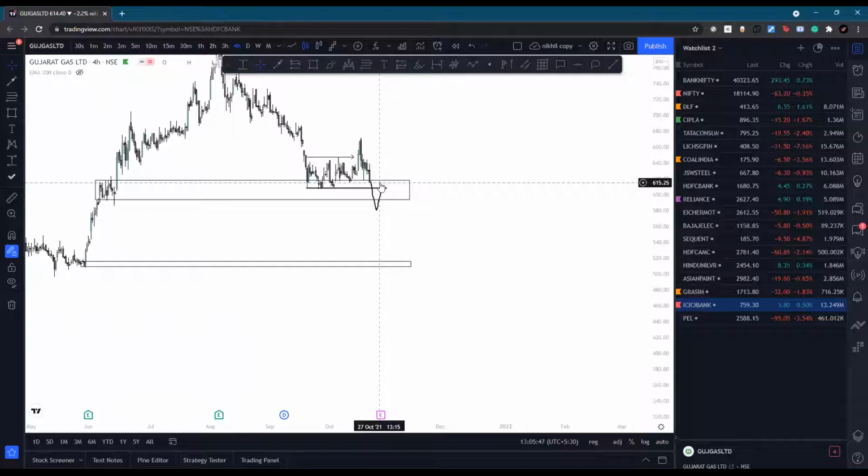Okay, so basically during results, the stock goes either gap up or down 5 to 6%. So if you don't know what the result will be, you can buy the straddle strategy, buy both call and put. You can buy on the same strike price, or buy a call at a slightly higher strike and a put at a slightly lower strike.